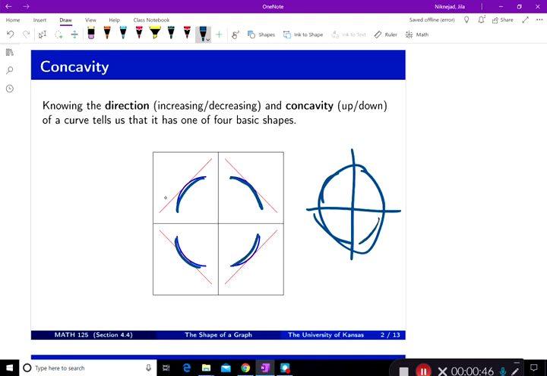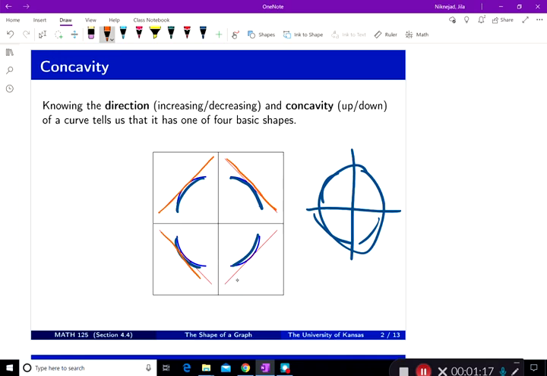You can notice then that the one up here is sitting below the tangent line, so it's concave down, and it's increasing. The piece over here is sitting below the tangent line, therefore it's concave down, and it's decreasing. Below the tangent line is concave down.